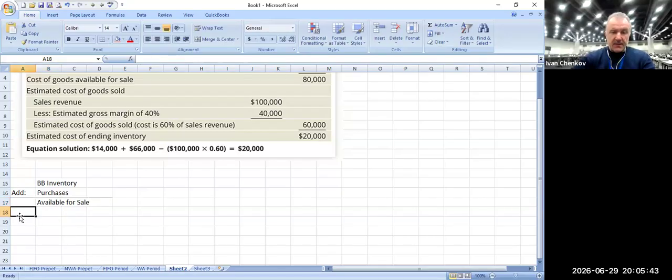Once I deduct less the ending balance of the inventory, we're going to get cost of goods sold.